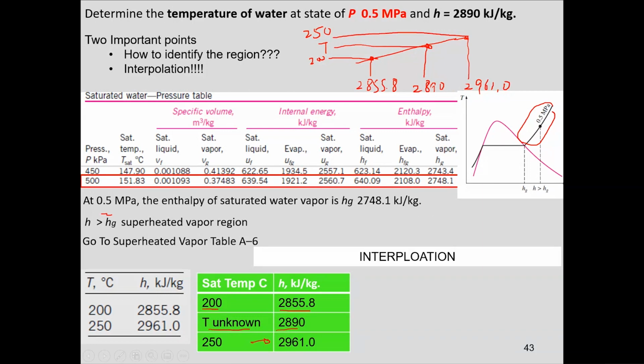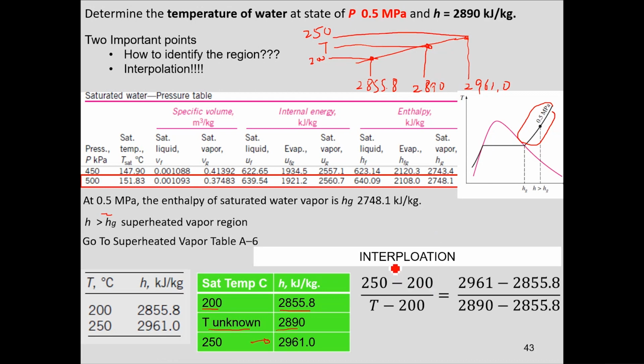I'll use these values to construct this ratio. On the left hand side you have all the temperatures, on the right hand side you have enthalpies. I have taken 250 minus 200, and on the right hand side the enthalpy values corresponding to the temperatures, 2961 minus 2855.8.